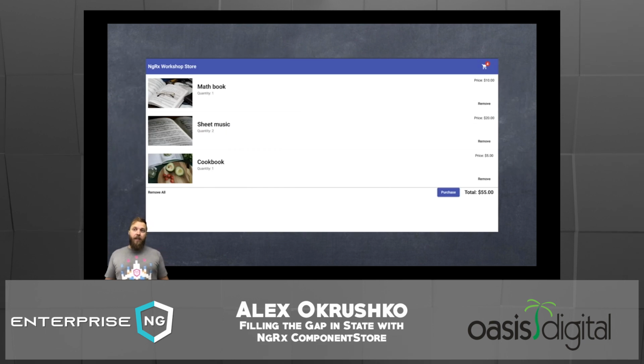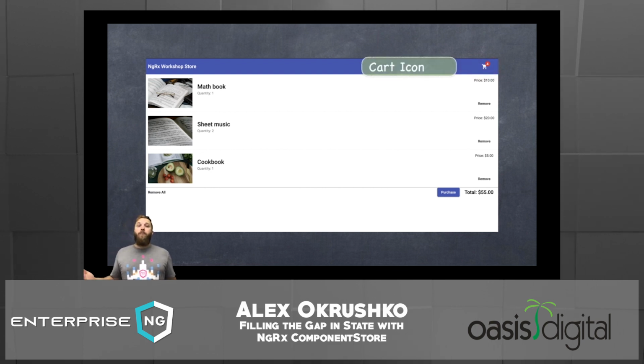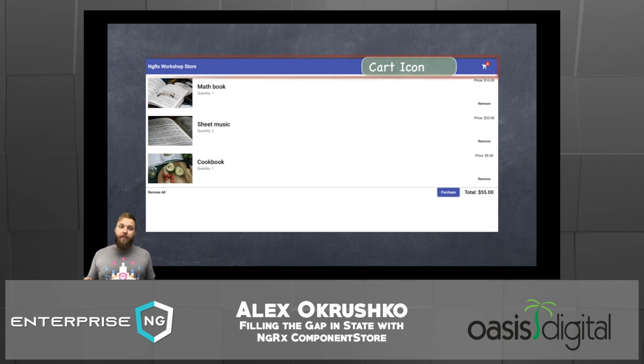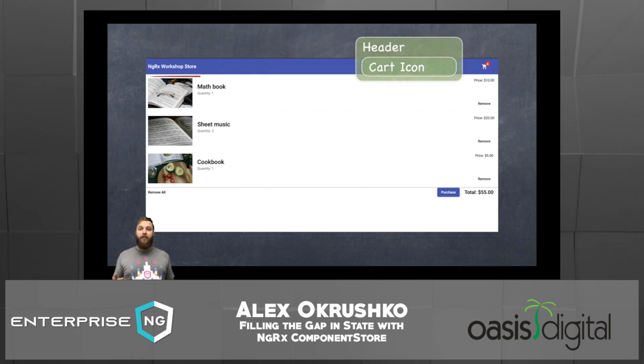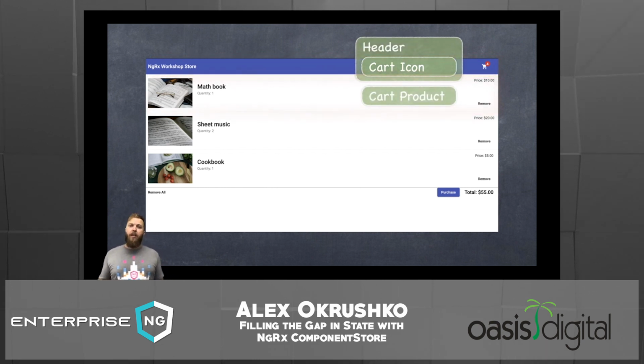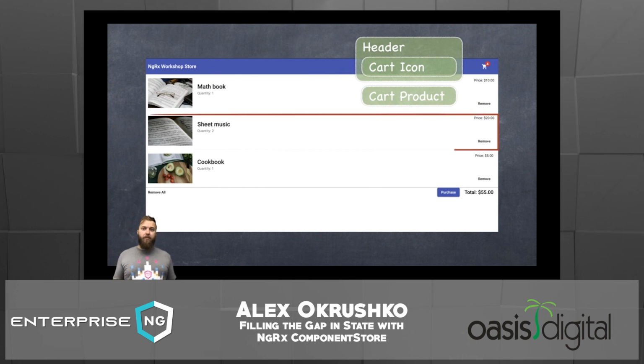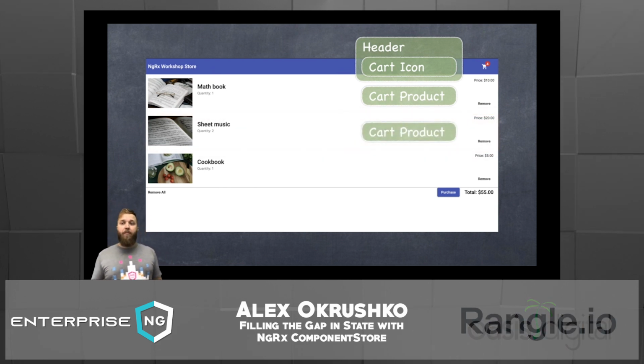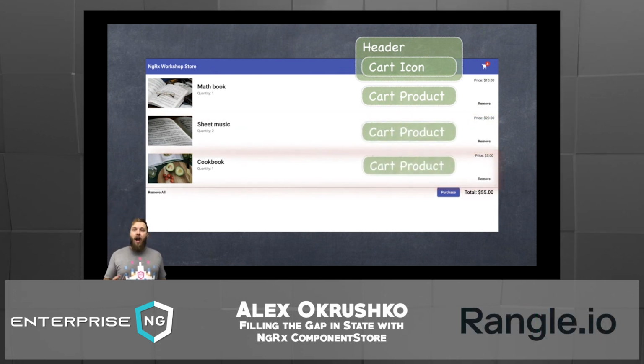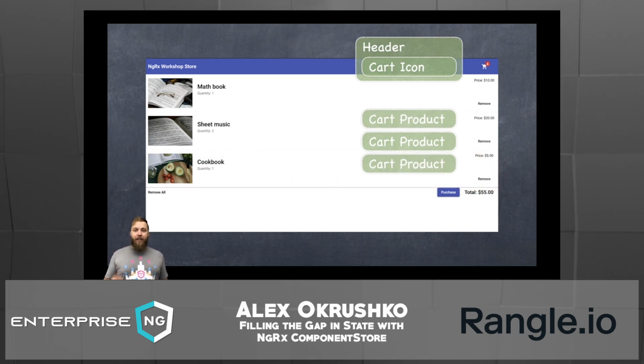But let's take a look at the structure of this page a little bit closer. So we have this cart icon component, which is part of the header. Then we have a bunch of products that also need this information, by the way. So we have multiple cart products components, which basically live in the cart page.